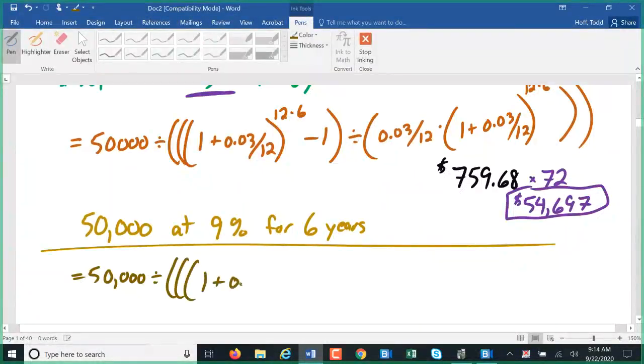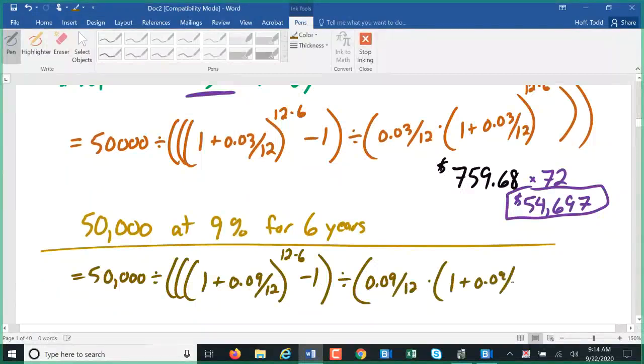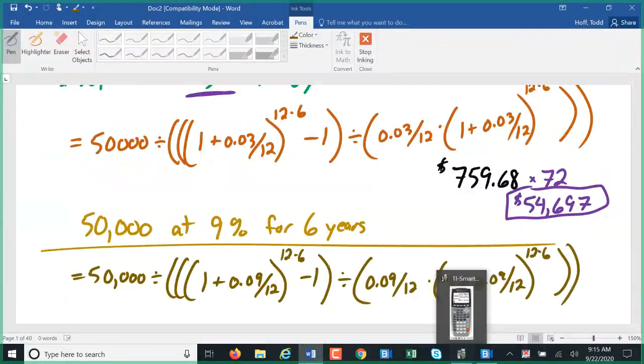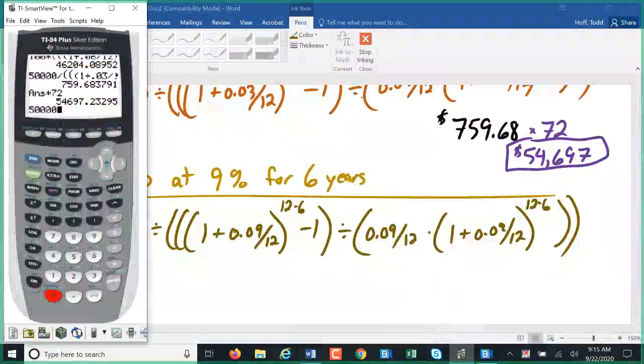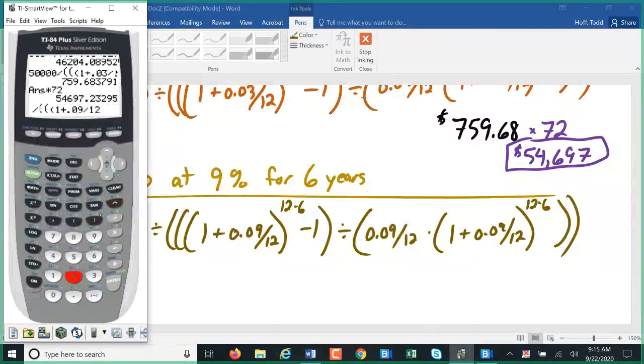So 1 plus 0.09 divided by 12 to the power of 12 times 6, minus 1. Let's punch this into the calculator just to get a payment. Again, 12 times 6 is 72, so I'm just going to enter 72 there to save a little time.